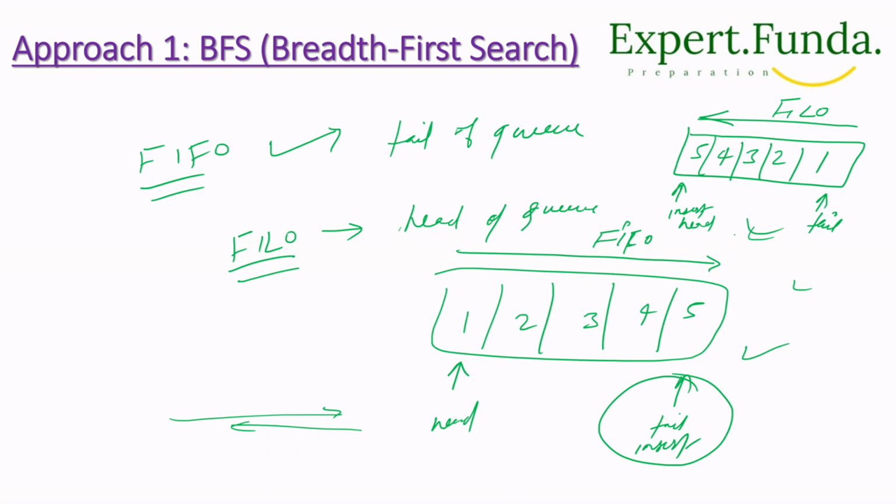So the element that comes out late would get out first, with the same input sequence of 1 2 3 4 5. With FILO ordering we would obtain an output sequence 5 4 3 2 1, right?